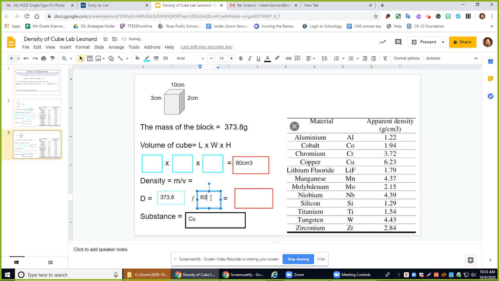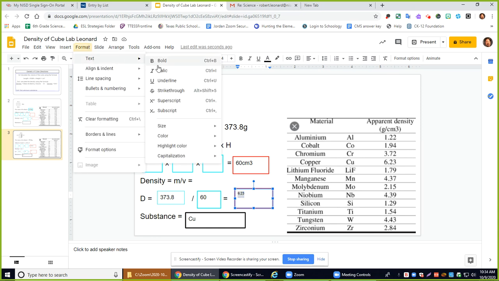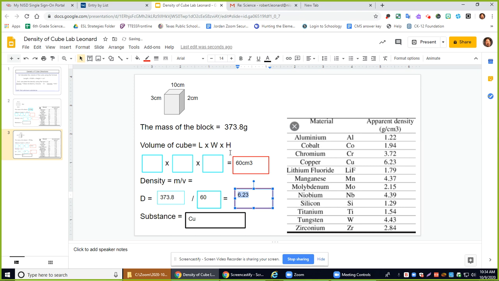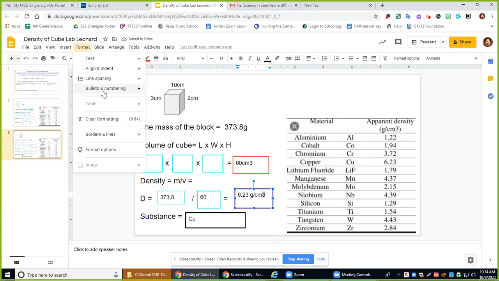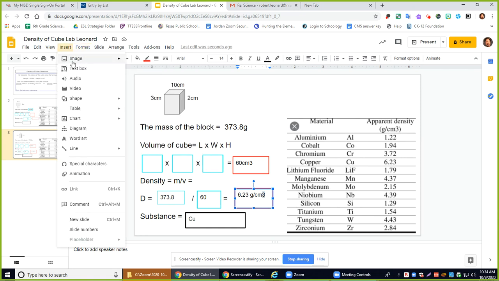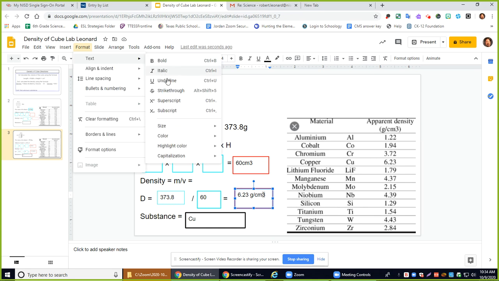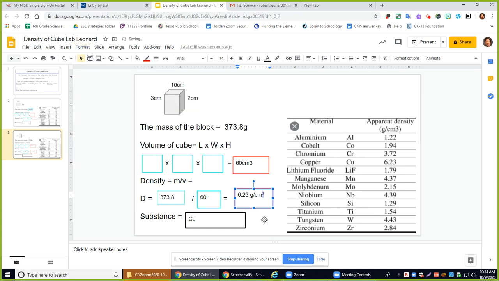Okay, gives you 6.23. 6.23 what? Grams per centimeter cubed. Okay, 6.23 grams per centimeter cubed.